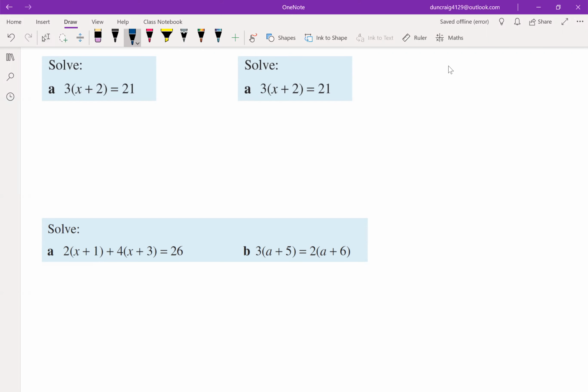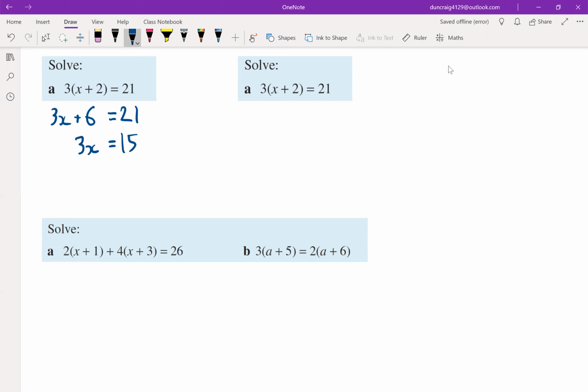Keep your equal signs directly underneath. If I expand the brackets, I get 3 lots of x, which is 3x. 3 times 2 is 6. So I get 3x plus 6 is equal to 21. Then I take 6 from both sides, which leaves me with 3x is equal to 15.